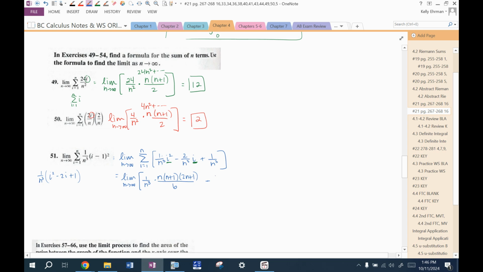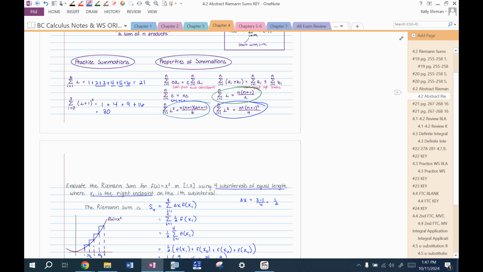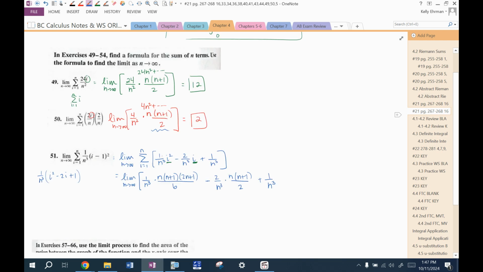And then this middle term is minus 2 over n cubed, multiplied by the sum of i, which was n times n plus 1 all over 2. And then don't forget about the constant, plus 1 over n cubed. This rule is easy to overlook: when you have a constant, it's n times that constant. So back here, I have a constant, it gets multiplied by n.